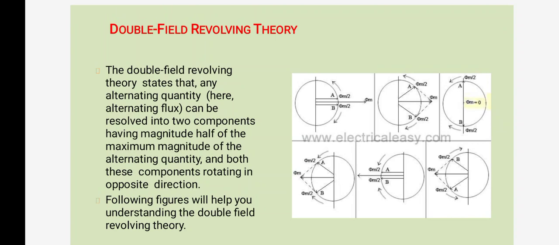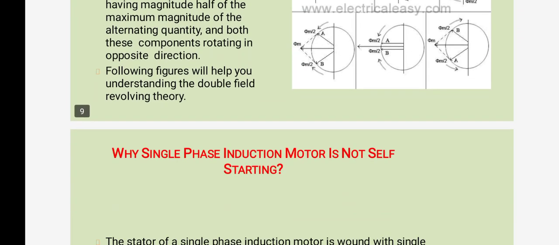A is rotating clockwise, B is rotating anti-clockwise. The following figures will help you to understand the double field revolving theory.